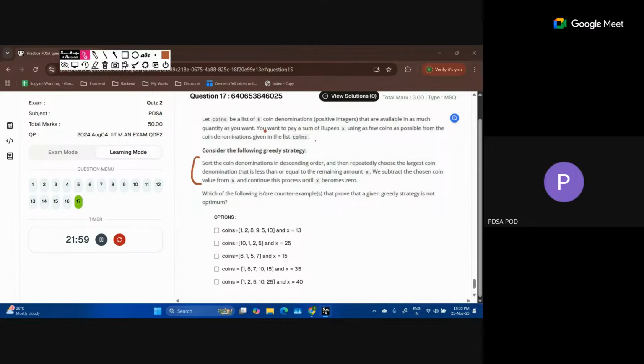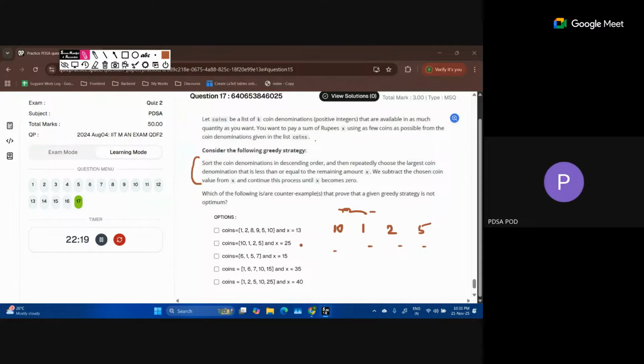Here the problem is we are having k coin denominations. Let's take the second option. We are having 10, 1, 2 and 5. So we are having 10 rupee coins, 1 rupee coins, 2 rupee coins and 5 rupee coins.